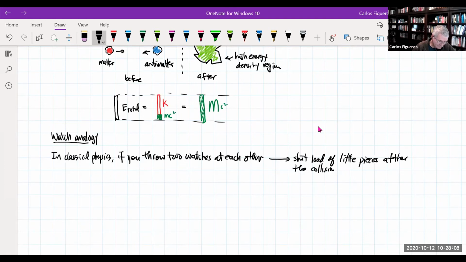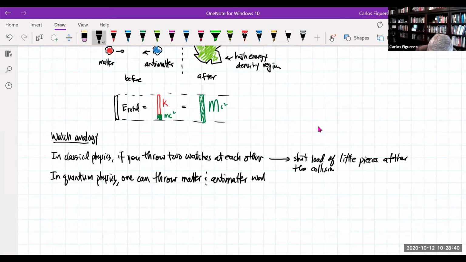However, in quantum physics, what happens? I can throw a matter and antimatter watch, right? One can throw matter and antimatter watches.